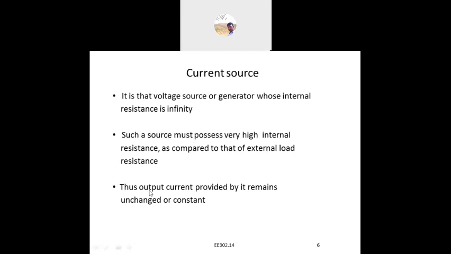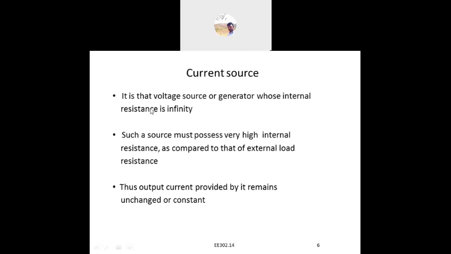At that time it acts as a current source, and the output provided by it remains unchanged or constant. It is a voltage source or generator whose internal resistance is infinity. In the previous battery example it was 0.05 ohms, but here we have infinity.